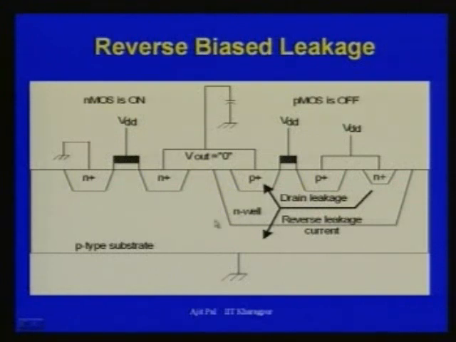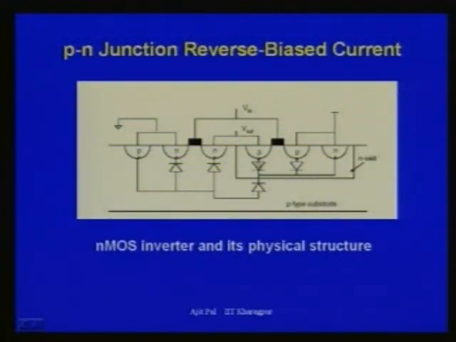This is the N well, and this is the P type substrate, and you can see here this is P, this is N, this is N, this is P. So, you can consider as a diode, this is N plus, and this is P. Here also this is P plus, and this is N. So, it forms a diode like this. So, within the geometry of the device you have this kind of diodes, PN, NP, and these diodes are reverse biased.